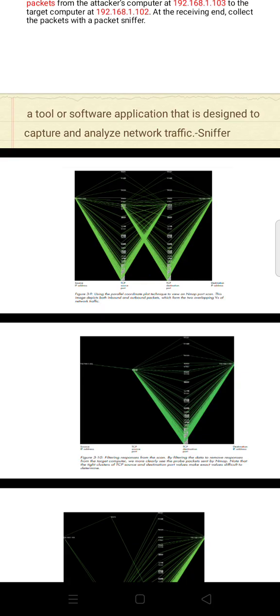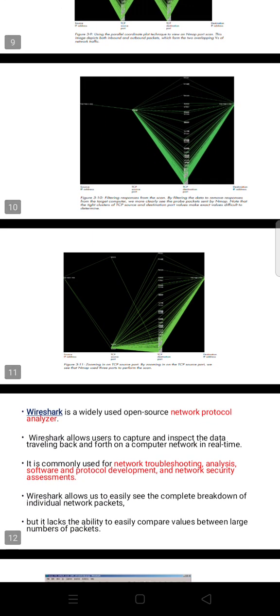This also shows the filtered response from the scan. By filtering the remote responses from the target computer, they can clearly see the probe packets sent by nmap. This figure shows a zoom on the TCP source port by scanning, and we also see nmap used here with 3 ports to perform the scan.